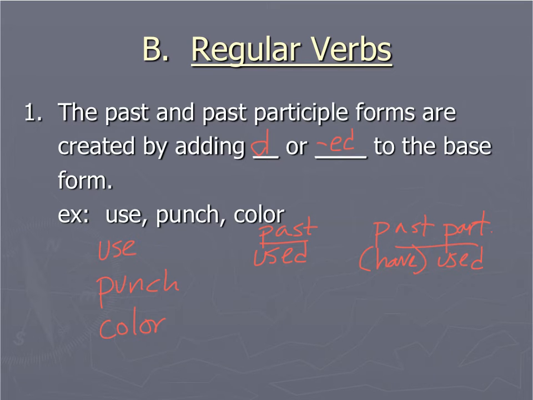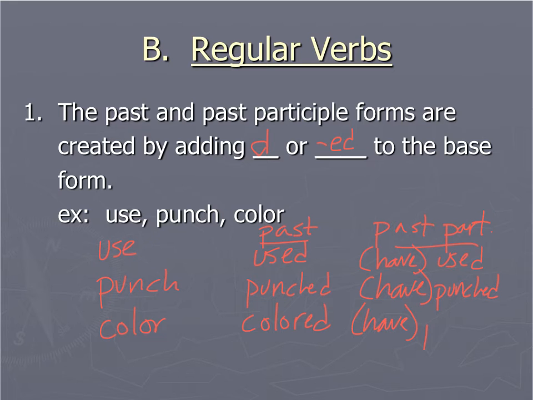All right, punch, to get the past, we're going to add ED to it. Same thing with colored. And then again, to form the past participle, we're going to add have to it. And then we're just going to add ED to the initial word.